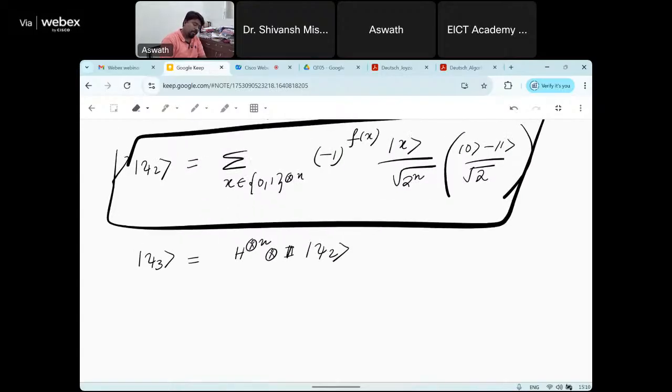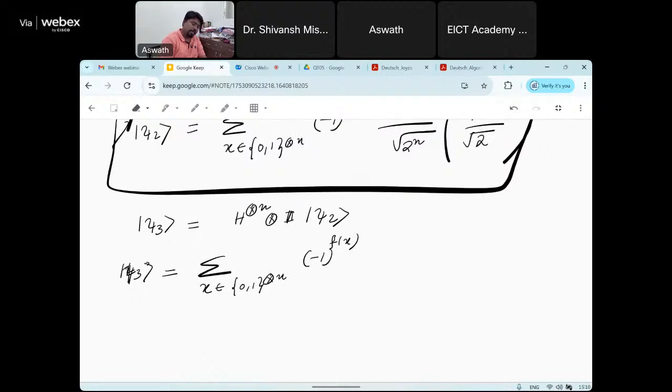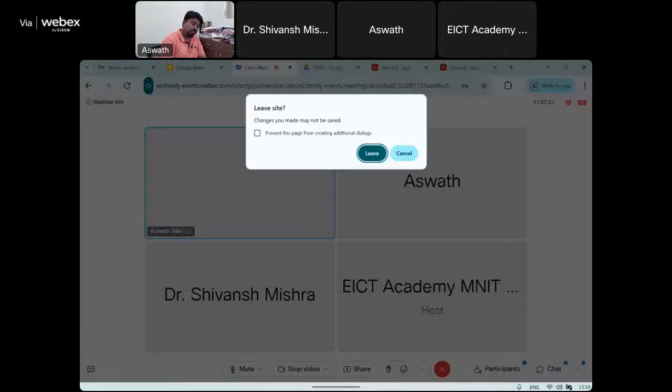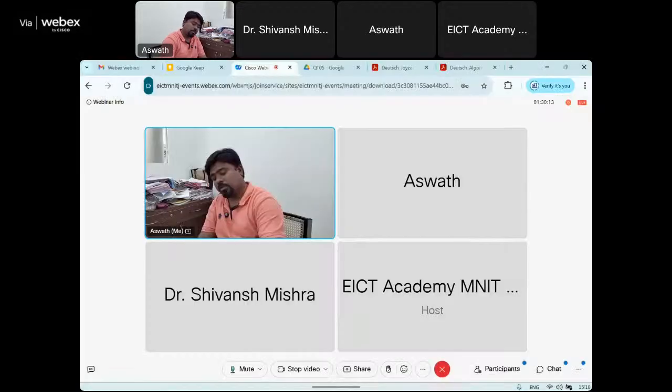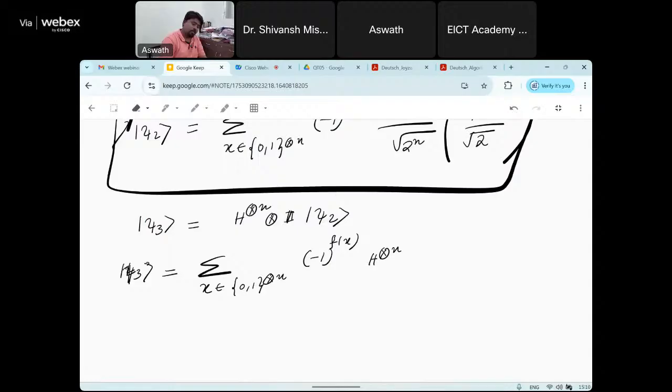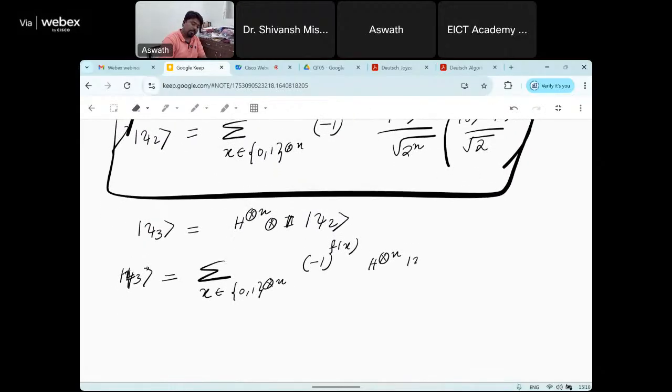By the way, psi 3 would be the summation over x belongs to {0,1}^n of (-1)^f(x) times n Hadamards acting on x, divided by square root of 2^n, tensor (|0> - |1>) divided by square root of 2.